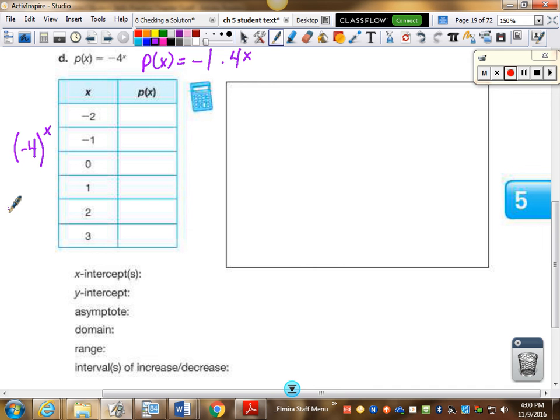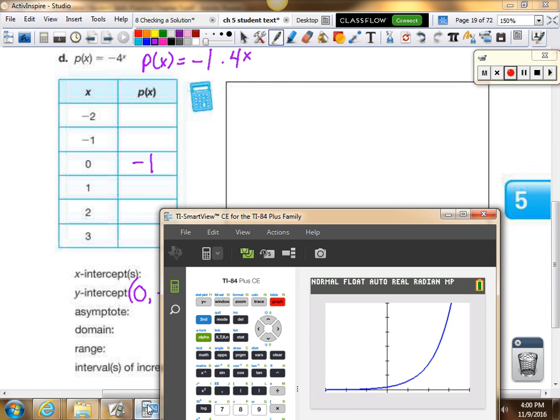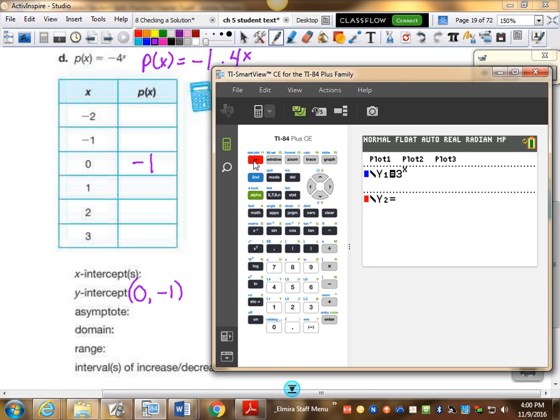Okay? So that's a critical thing for you to know. So that means my y-intercept is -1. And I can do that without a graph and without a calculator. Okay? Y-intercept is -1. So then I'm going to go to my calculator. Go to my y equals, okay, -4 caret x.